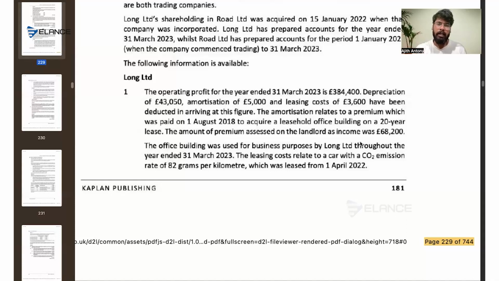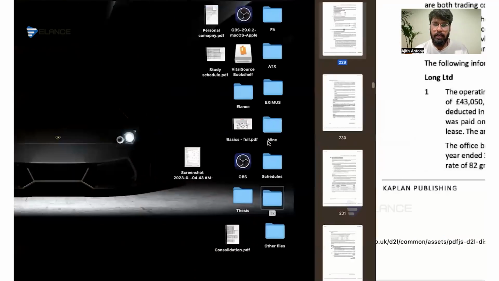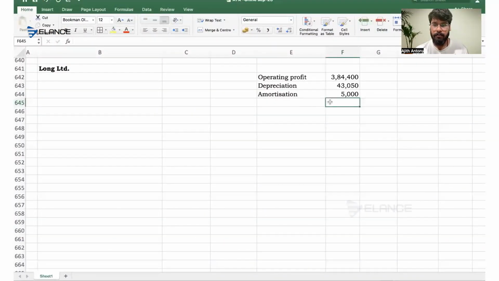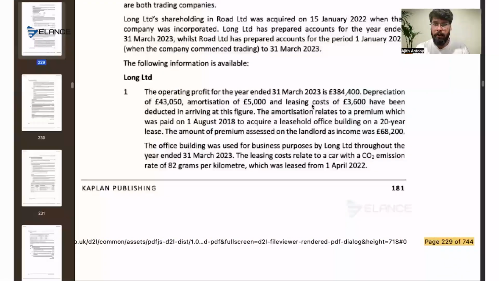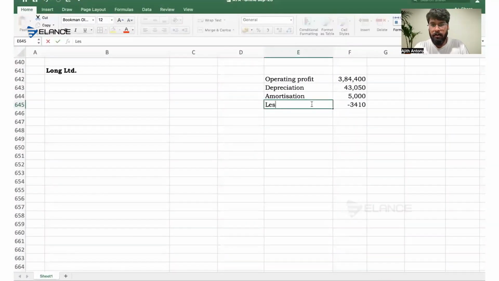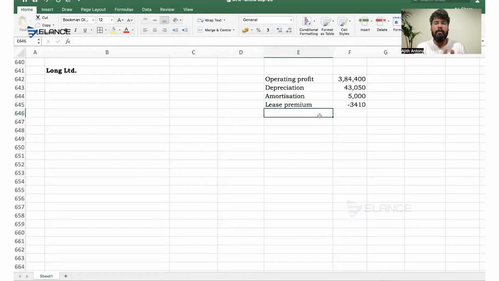Every year in this 20-year period, I can deduct that much as my allowable expenditure for leasing that property. It will be the lease premium. The lease premium paid, we should apportion to each year, and in every year of that 20-year period, we can deduct 3,410.